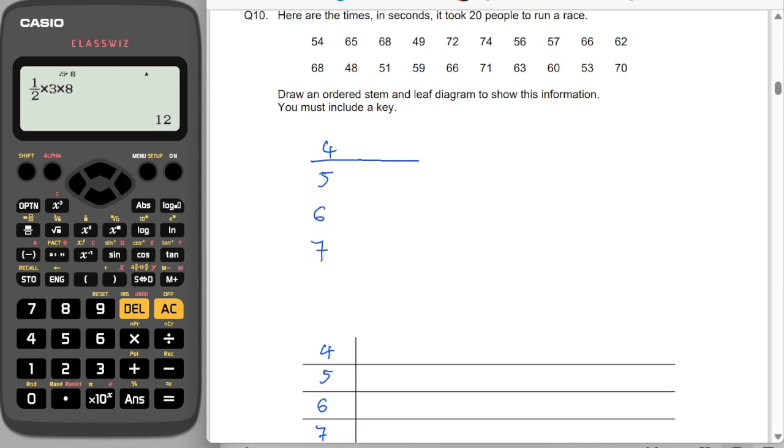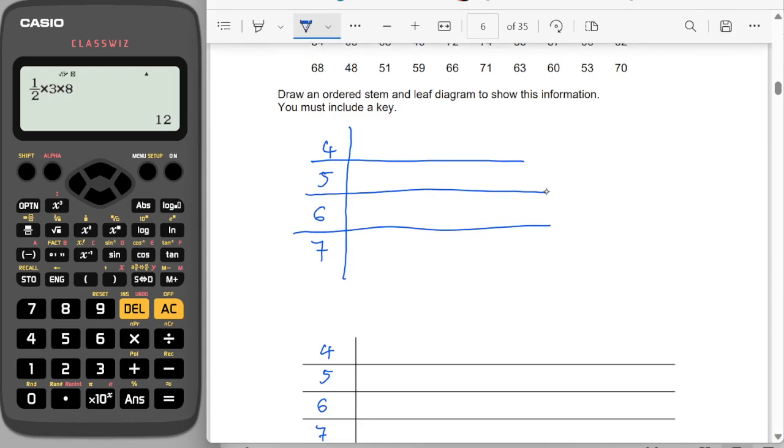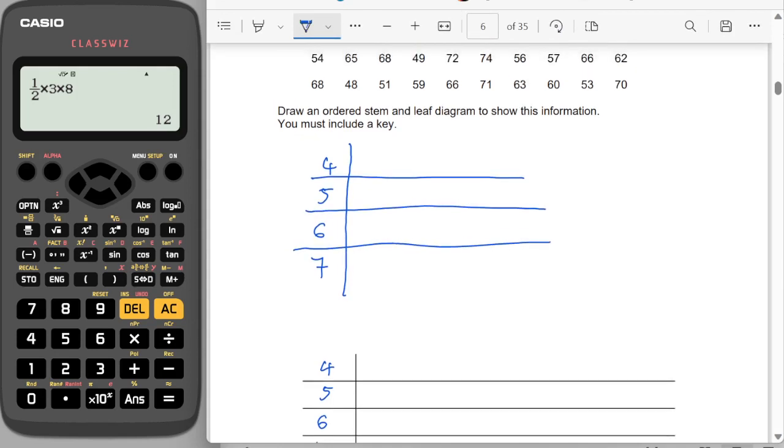So I'm going to draw an unordered one first of all, and then I'll order it afterwards. Order just means put in size. So I'm going to split the first number at 54. So 54. Then I tend to work downwards just because it's easier for me to track the numbers. My dyslexia, I often struggle reading that way.